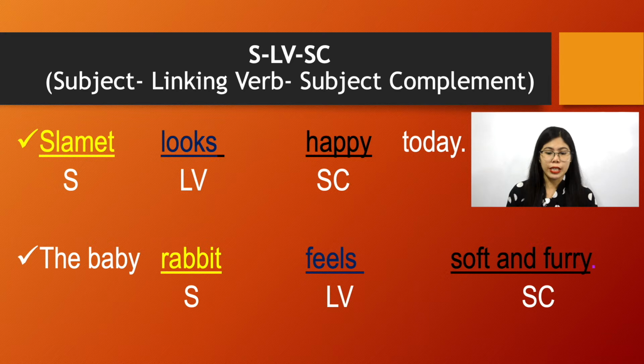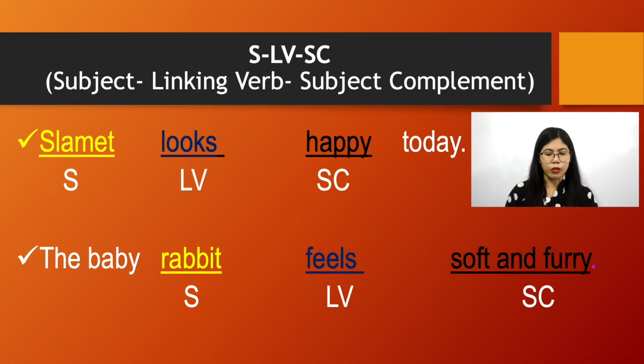We will use is because Slamet is singular and the time is in the present time. Now let's substitute. So the statement will be like this. Slamet is happy today. As you can see here, the meaning of the statement doesn't change.